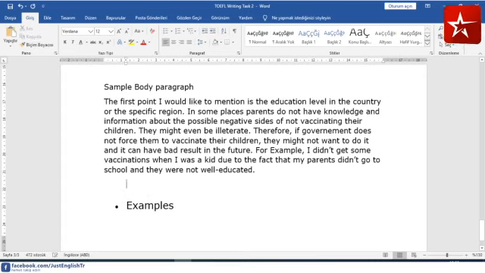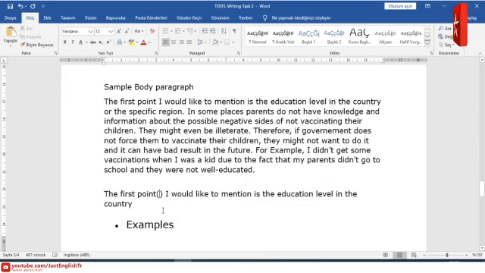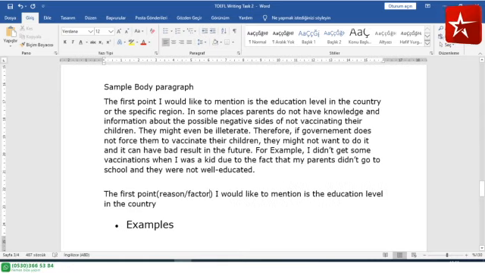And I will do it with you now. What I can do is, of course, instead of point, I can write maybe reason, or I can write factor. I would like to mention. The word mention I can change with discuss or talk about.